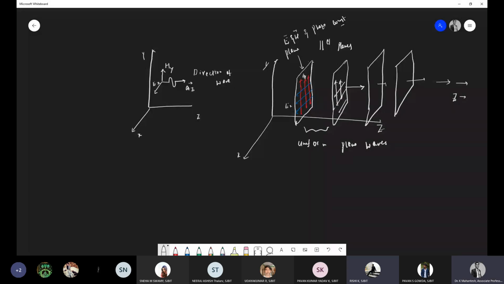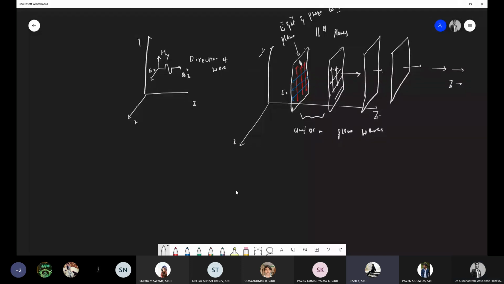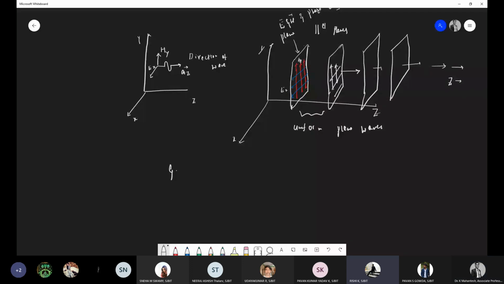So we have a general wave equation. You need to remember this general wave equation, given by, please make a note of this, general wave equation. I will represent it in matrix form.